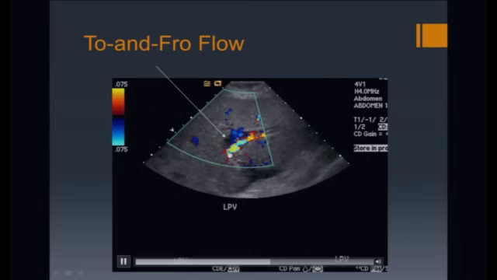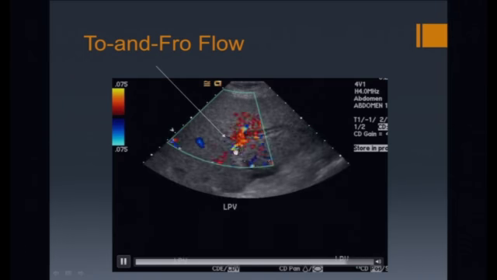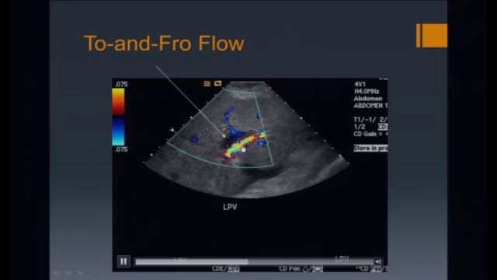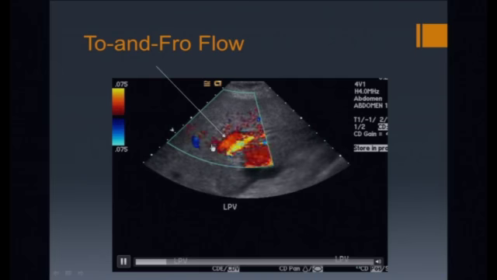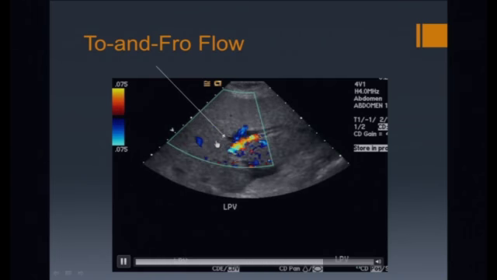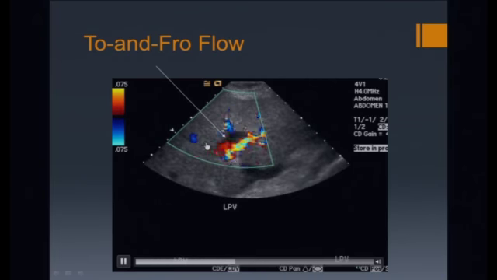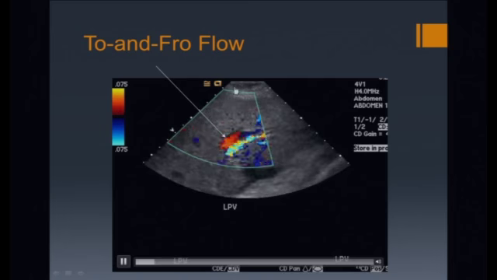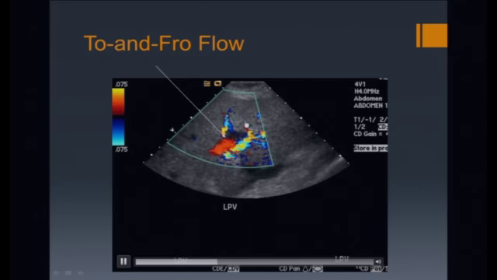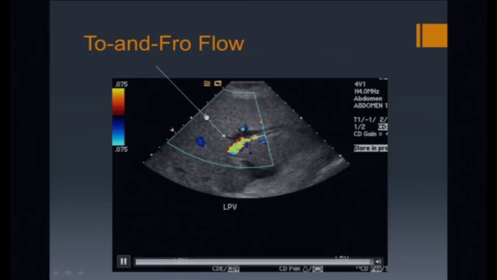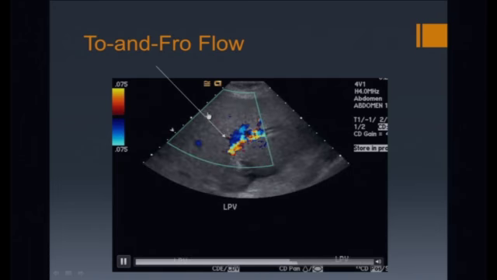Here we see a large hypertrophied hepatic artery, which is this multicolored structure, while running just superficial to that, we see a portal vein which is flipping from red to blue, and this is caused by slow flow, to-and-fro flow with a very slow forward and reverse flow.